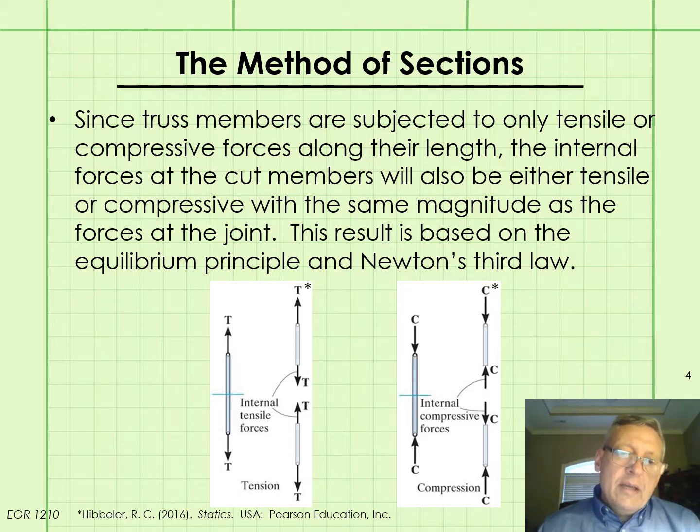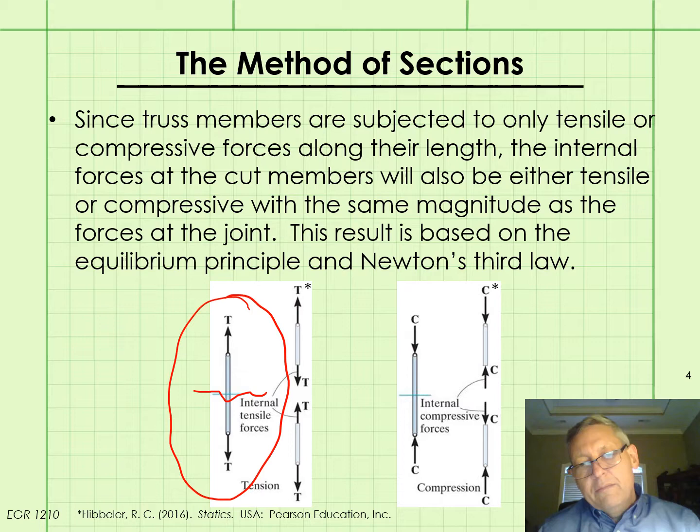So let's look at a truss member in tension here. If we take a cut through that member and draw a free body diagram of the top half of the member after the cut, we still have the same force T acting there, and that would have to be balanced by an equal force T in the opposite direction.